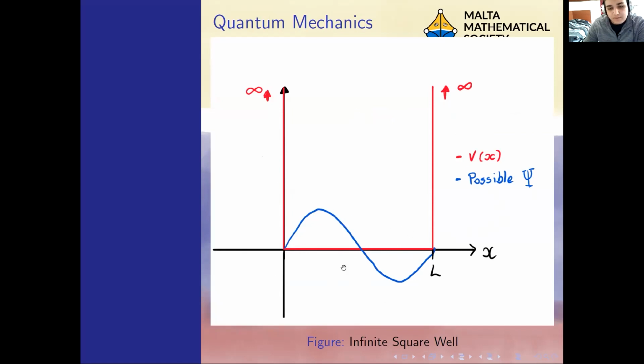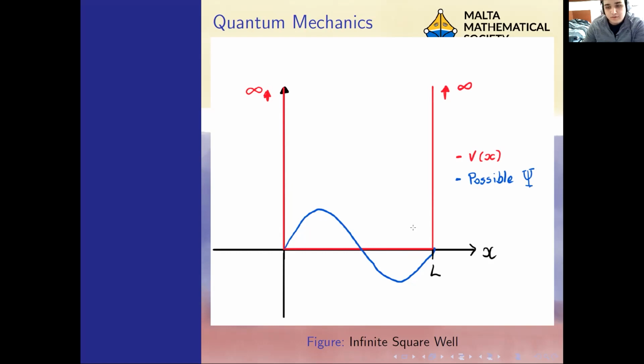So you just have something like that, where it's 0 on either end. One thing to note is that the probability of finding a particle is the square modulus. So the probability is always positive. So it's above here, and you have a curve that kind of looks like that. You're more probable to find it here and here than here, for example.